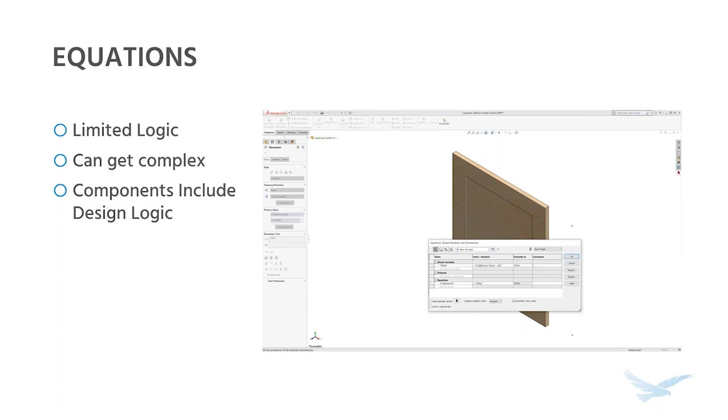But when we're working with these components all the time and working with slightly complex products, the equations can get pretty complex, and it means your components are building in all of the design logic into the actual part, rather than the components just being the manufacturing data that's required.